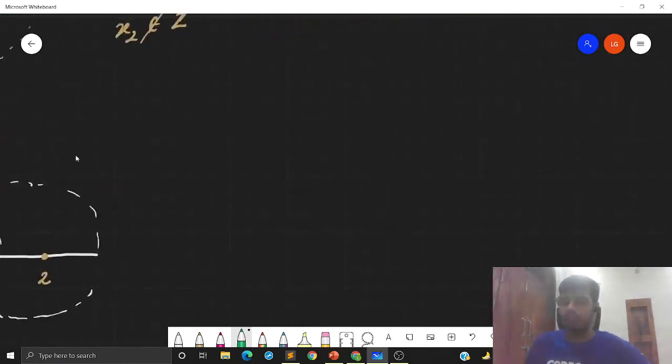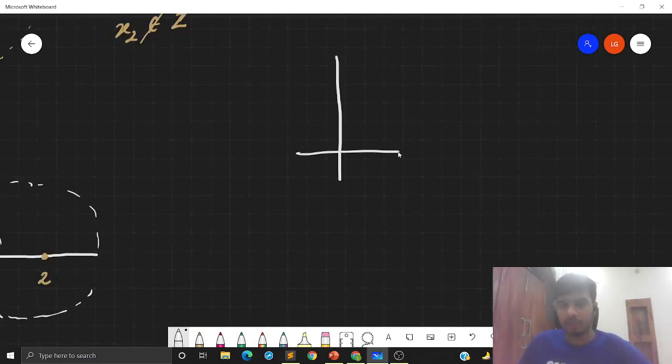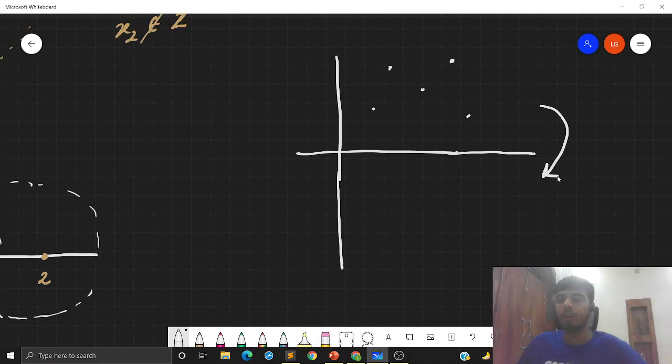So consider this set of points. Suppose I was having some 4 or 5 points. Now, what will happen if I take the reflection of these points along the x-axis? We will get our points transformed. The distances between any pair of points will still not change, right?